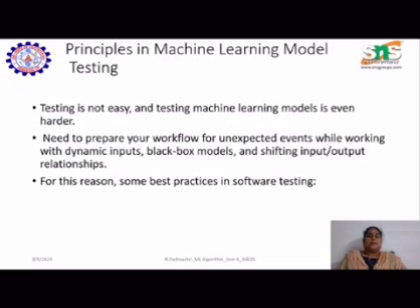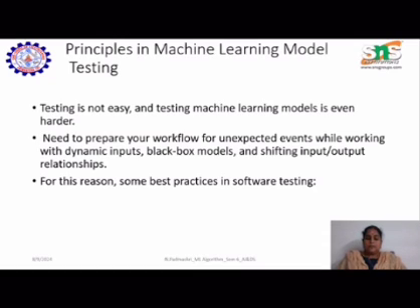It's not an easy task to test the entire ML model. Testing a machine learning model is even harder. You need to prepare your workflow for unexpected events while working with dynamic inputs, as there may be fluctuations in the inputs, black box models, and shifting input-output relationships.